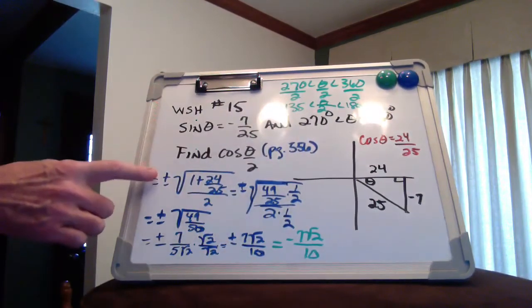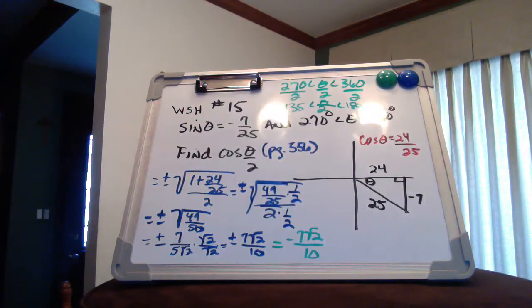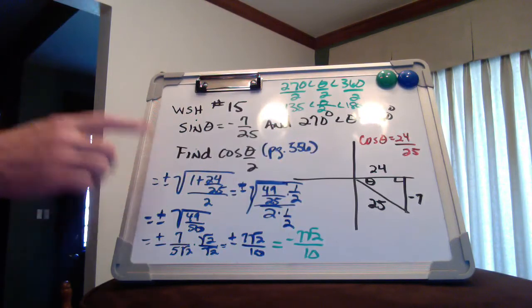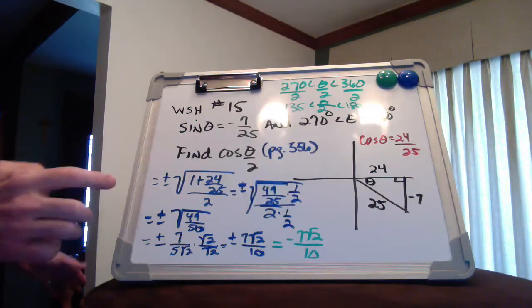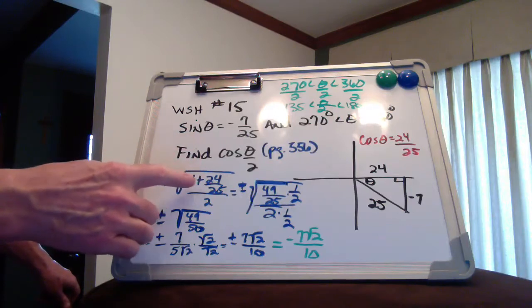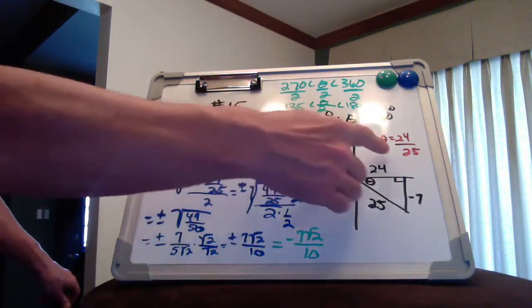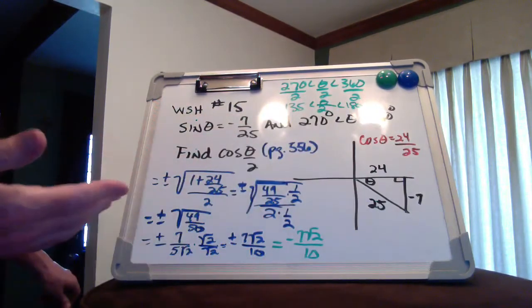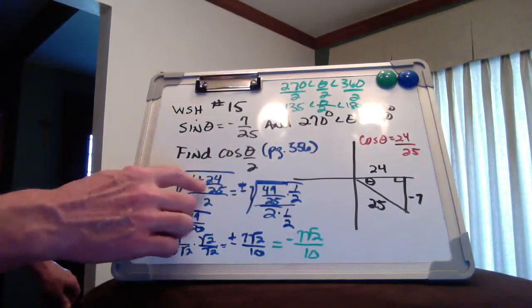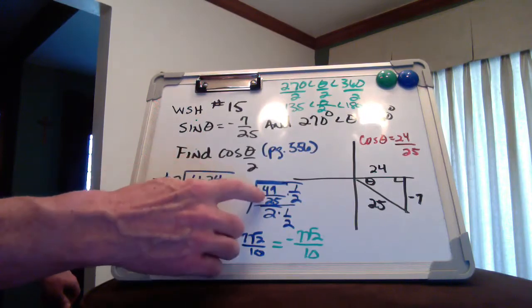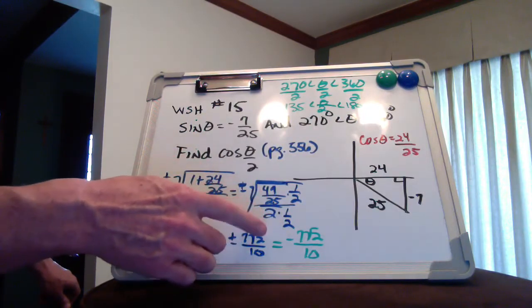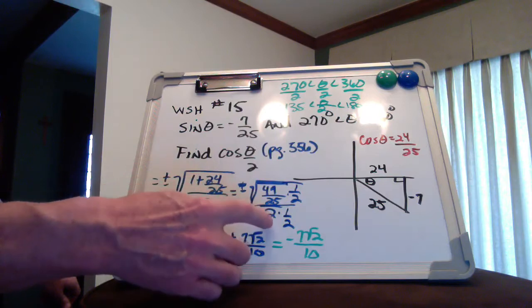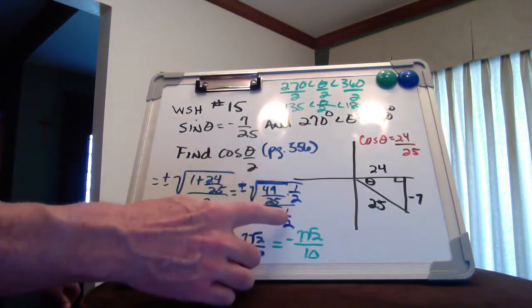I'm going to leave plus or minus all the way until the end, and I'll tell you why I'm going to choose positive or negative. So right here is the formula, where cosine theta is in the formula, I replace it with 24 over 25. Then I'm just simplifying, coming up with a common denominator and adding the numerators. Simplifying a complex fraction by multiplying by the reciprocal of the denominator.